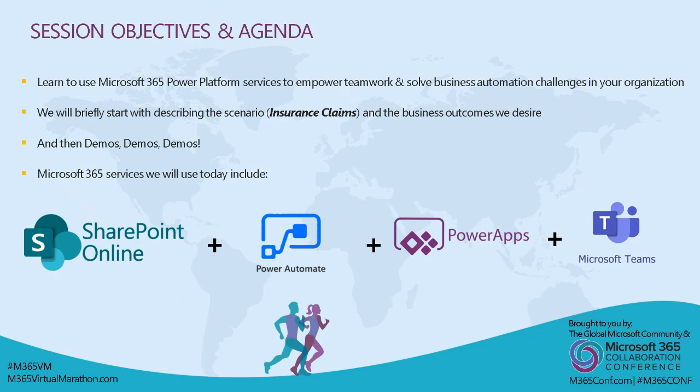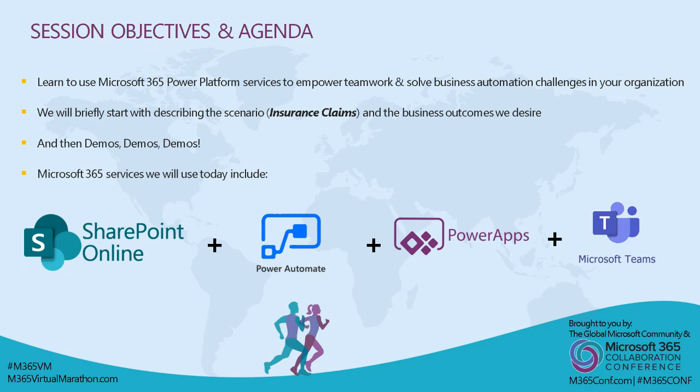So what are we doing today? Really, we want you to learn how to use the Microsoft 365 Power Platform services to empower teamwork and solve your business automation challenges in your organization. We're going to start by describing the scenario, which has to do with insurance claims and the photos adjusters take within those claims. Then we'll go into some of the business outcomes we're looking for.